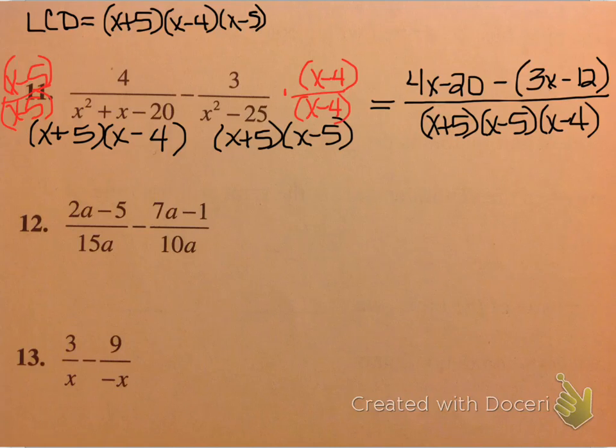So I kind of skipped a step there. Instead of rewriting each fraction individually with my new denominators, with my 3 factors, I just skipped that step and wrote it all as one.